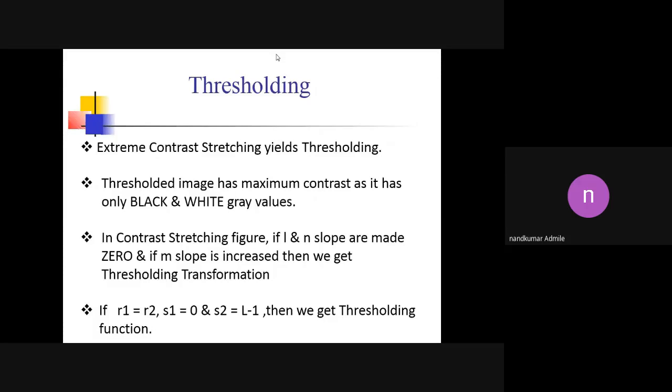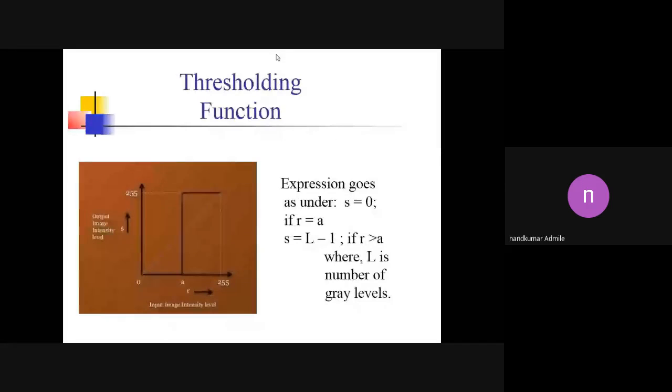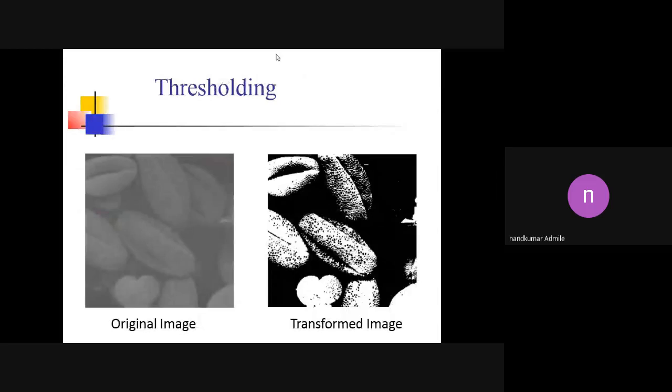If we observe the image, we can get the idea of thresholding. In the original image, we can select any one value as a threshold value. If we consider an image of size 256 by 256, and we consider 150 as the thresholding point, then below 150 we consider the black image, and above 150 we consider the white image.